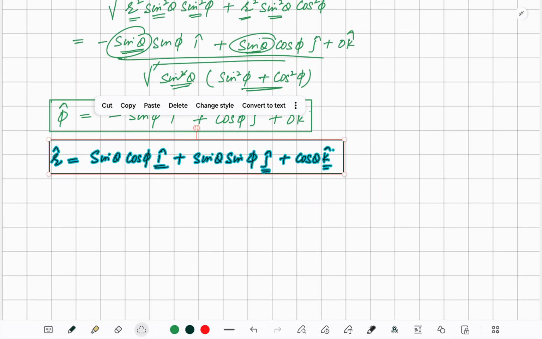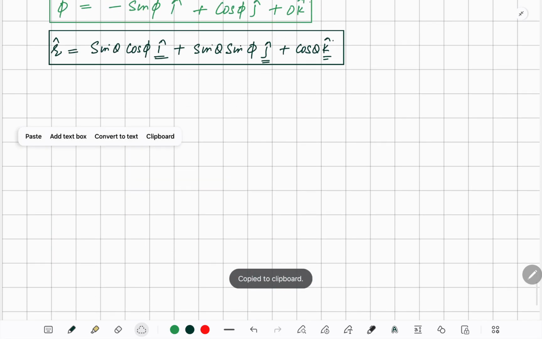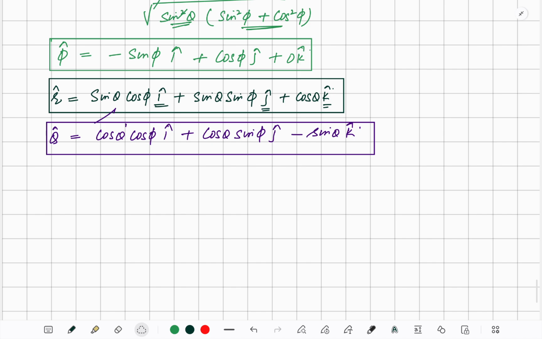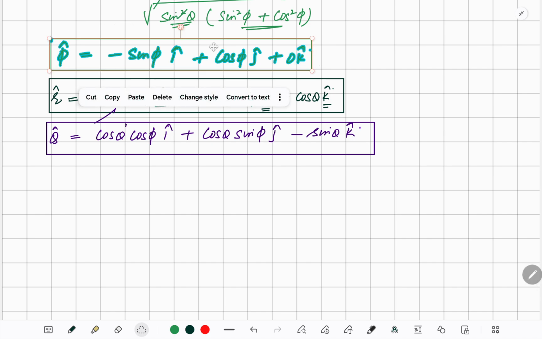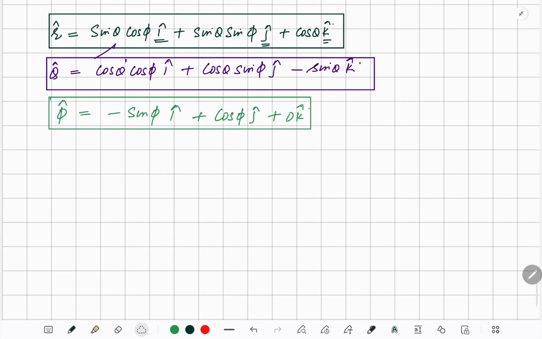So this is r cap, phi cap, and there is theta cap here. Let me paste it here. So this is theta cap, and this one is phi cap. I hope you are able to understand how I derived this. This is alpha, this is beta, and this is gamma.